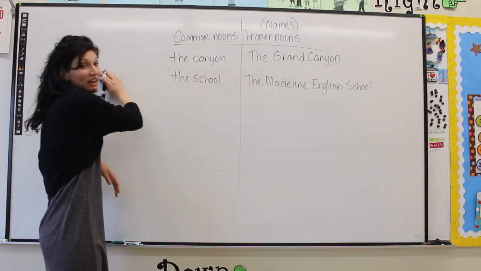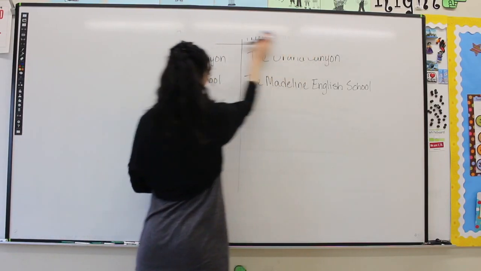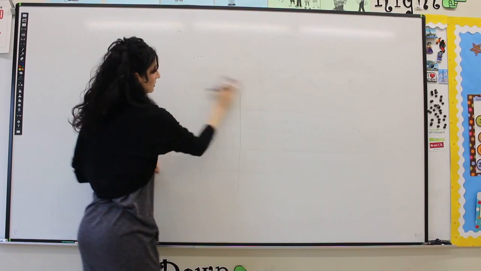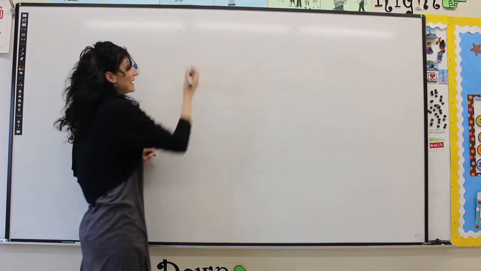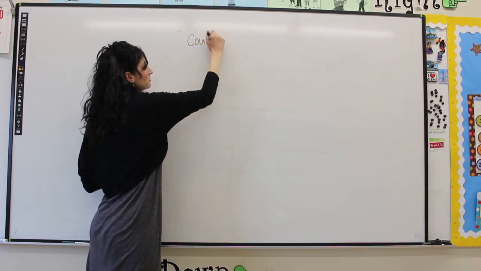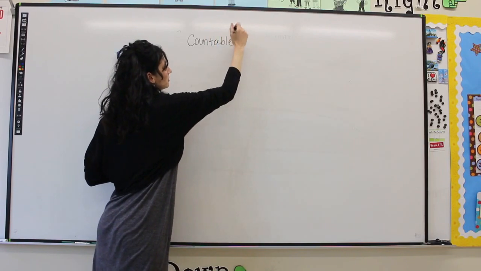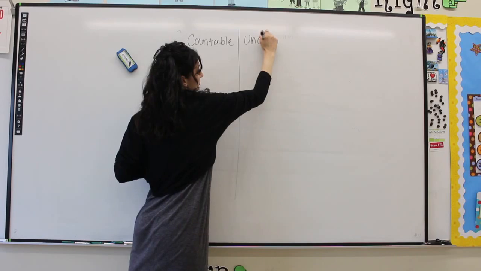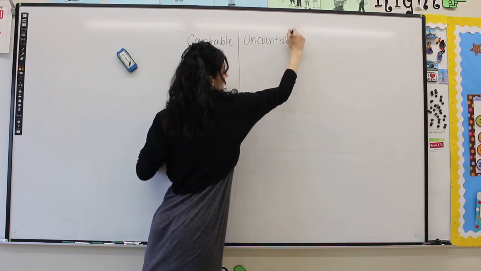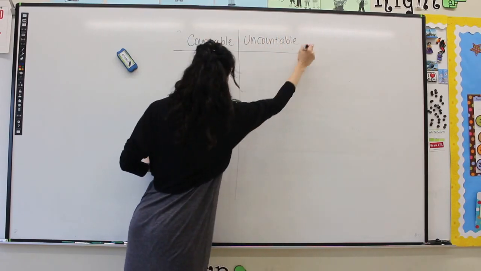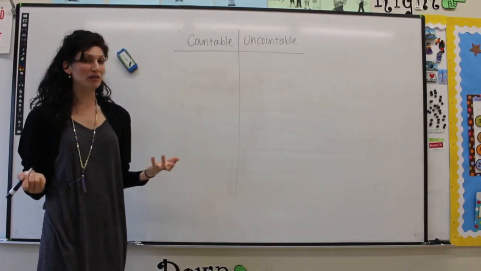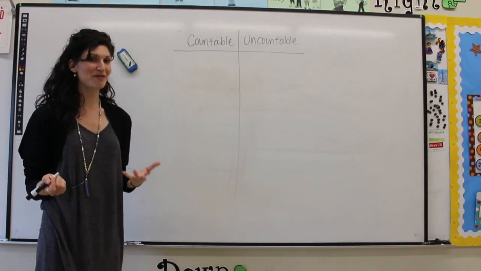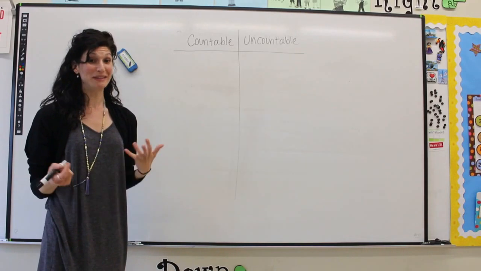Another way that we can categorize nouns is into countable and uncountable nouns. Now, countable nouns are, as I'm sure you may have guessed, nouns that you can actually count.